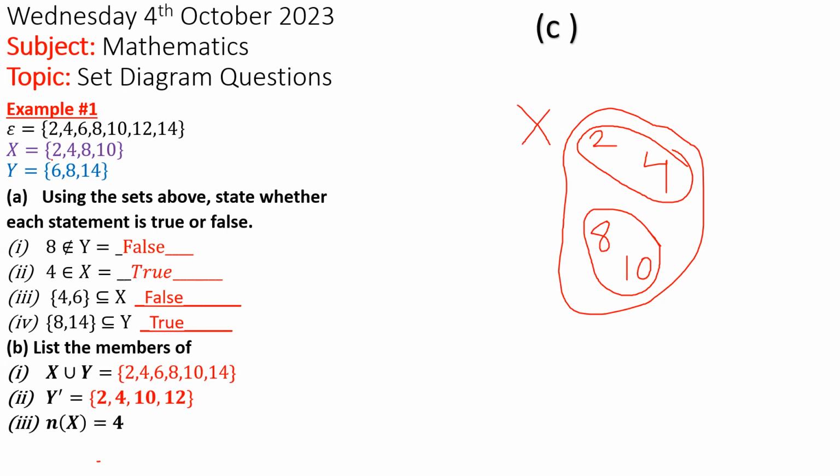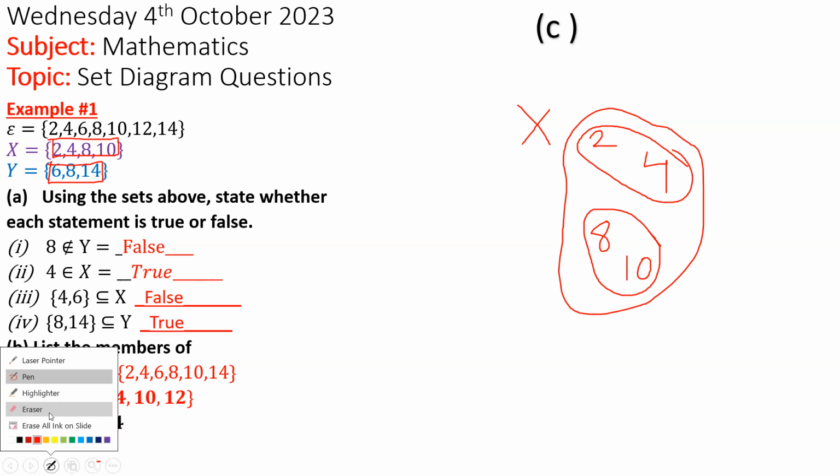You ever go to a family reunion? Yes, sir. That means all of your family members are there, all of them combined. So X union Y is all of them combined together. But you cannot repeat any numbers. You only let them appear once. So 2, 4, 6 would only show up once, 8, 10, and 14.